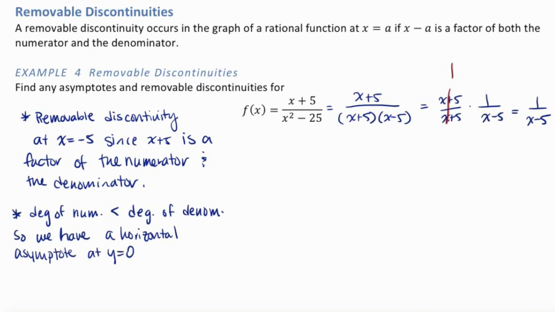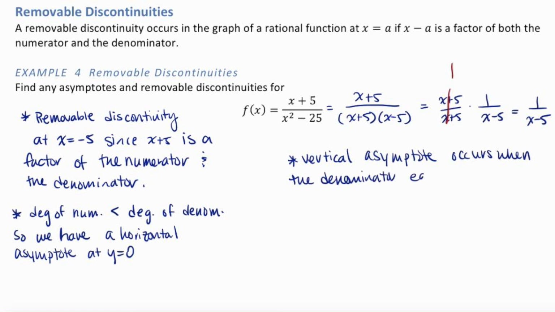Finally, let's look for any vertical asymptotes. A vertical asymptote occurs when the denominator equals 0. So let's solve our denominator. And let's use this version.